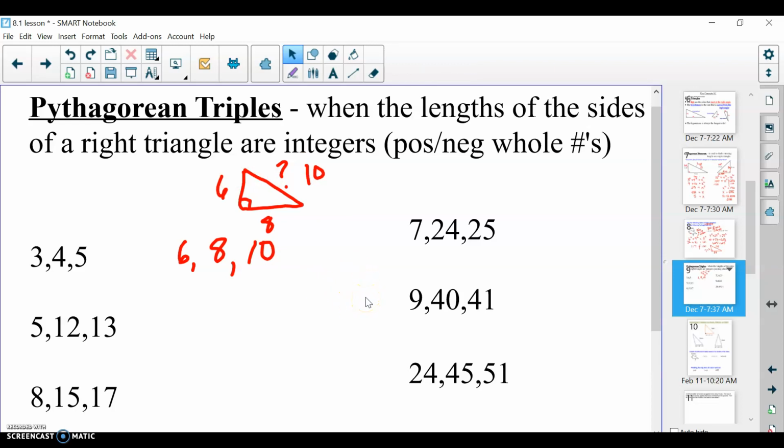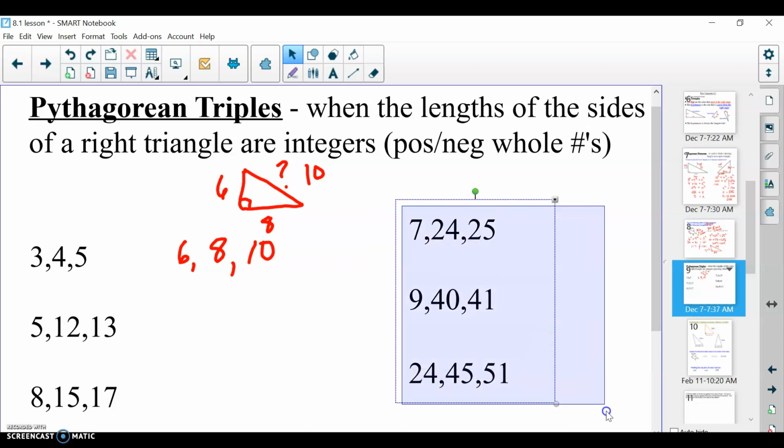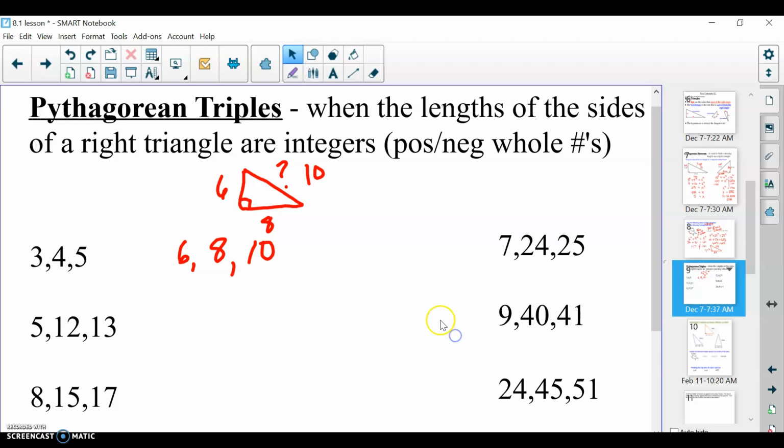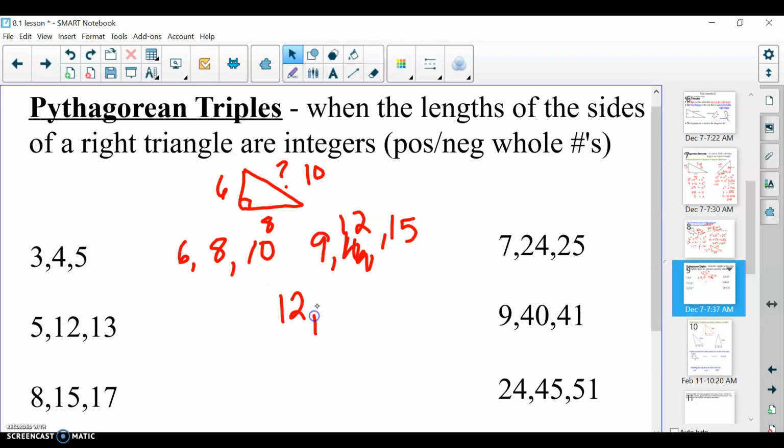If I times 3, 4, 5 all by 3, I would get 9, 12, 15. Okay, if I times it all by 4, 12, 16, 20.